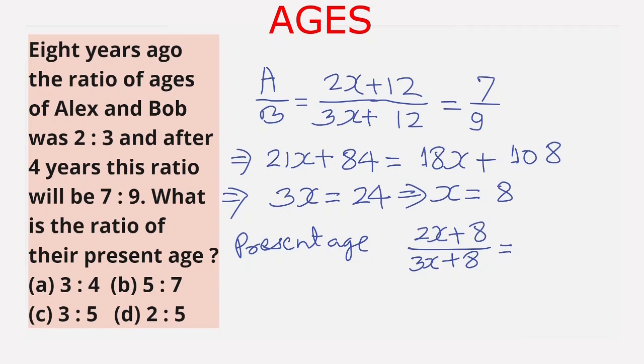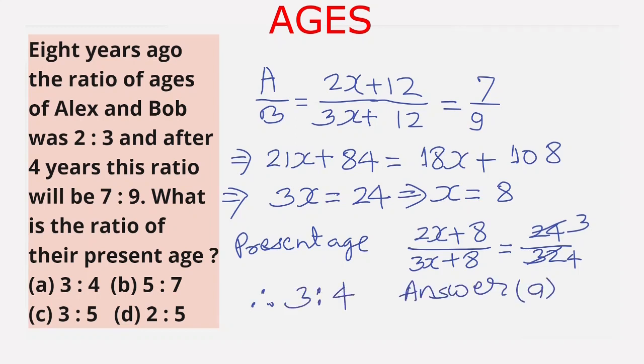Putting the value of x, we get 8 times 2 is 16 plus 8 is 24 upon 8 times 3 is 24 plus 8 is 32, and we can take 8 common, or divide both the numbers by 8, and we get 8 times 3 is 24 and 8 times 4 is 32. Therefore the ratio of the ages of Alex and Bob is 3:4, and from the given options our answer is option A.